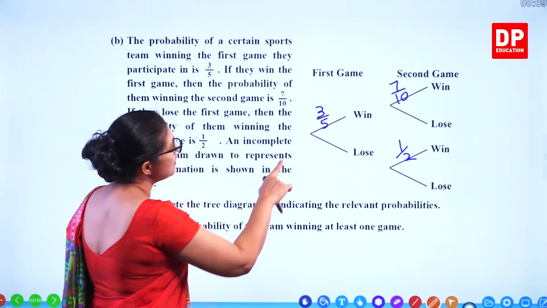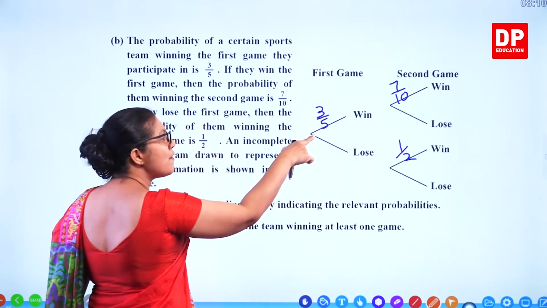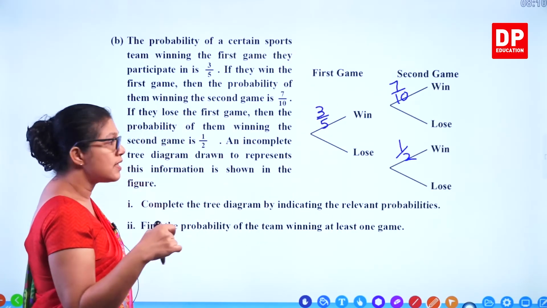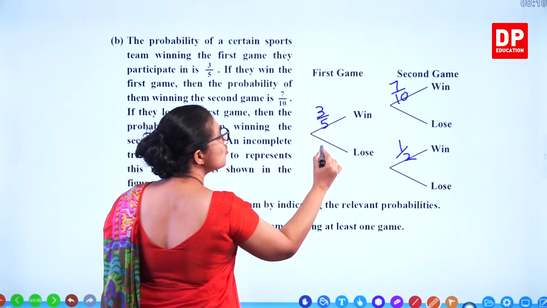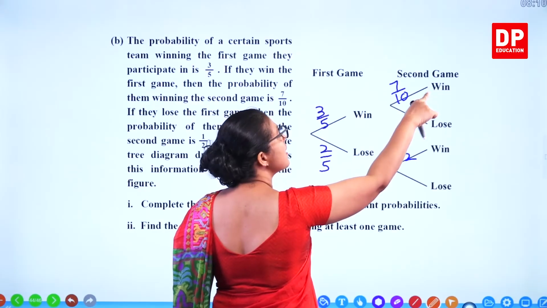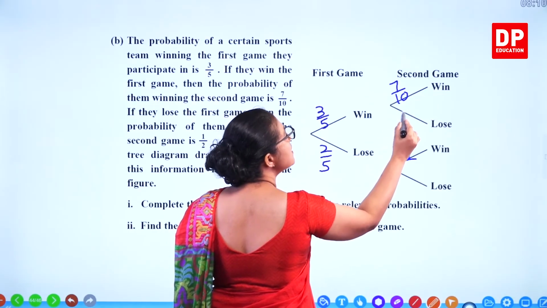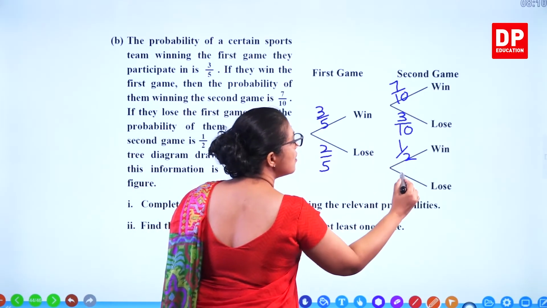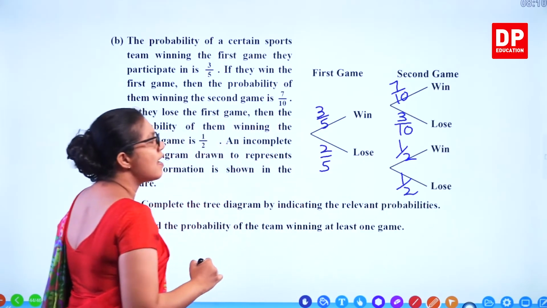So fill these probabilities. If 3/5 is the winning chance, what is the probability of losing the game? So this is 2/5. And here 7/10 is winning. So what is the losing probability? 3/10. And here half is there, so the losing probability is half.